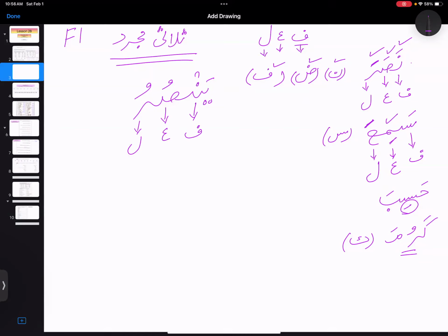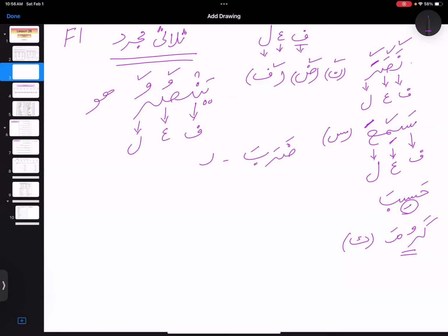So the middle root letter is taking a Dhamma over here. And regular Mudariya, we know, always ends with Dhamma, and this is the Huwa version. So Nasara becomes Yansuru.